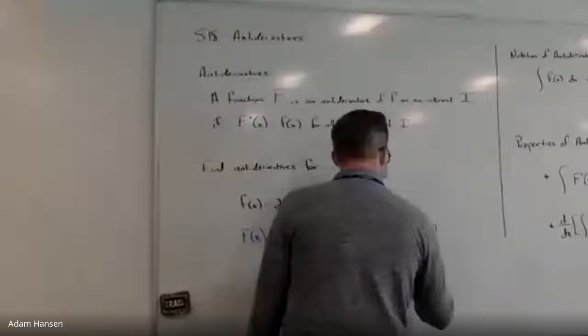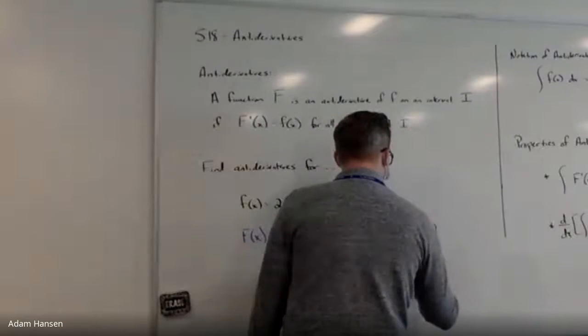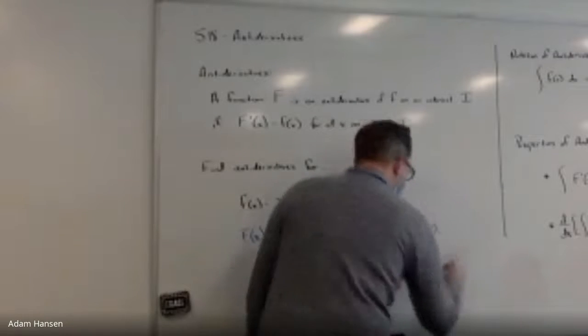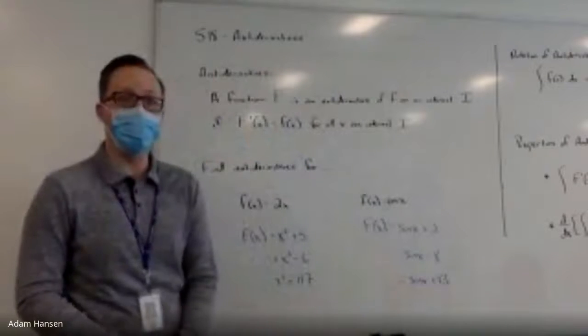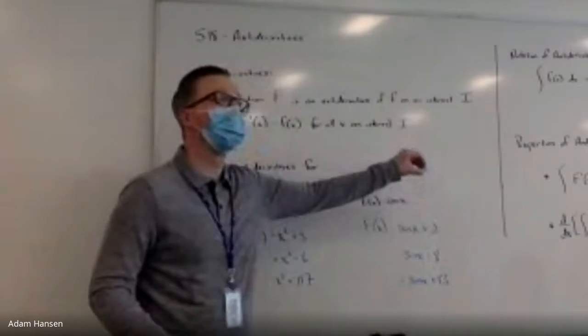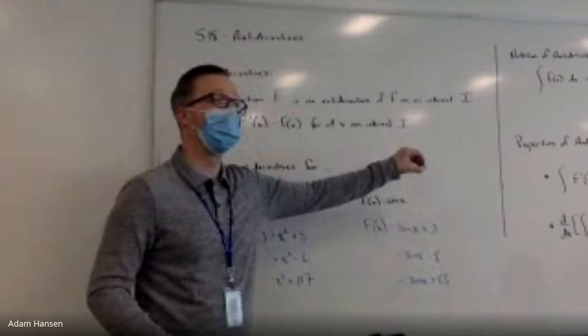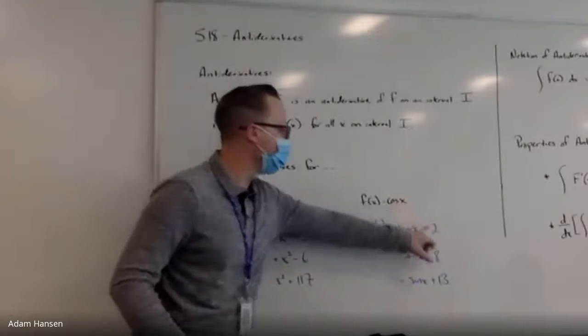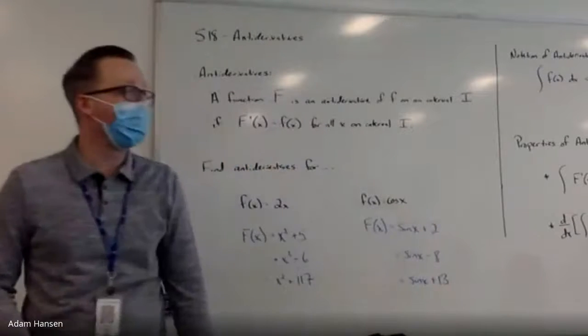Sine x minus 8. Sine x plus 13. It doesn't matter what you add or subtract on the end, because if I take the derivative of any constant, it should always be 0. Right? Derivative of sine x produces the cosine x, and the derivative of a constant just cancels itself out to nothing, out to 0.